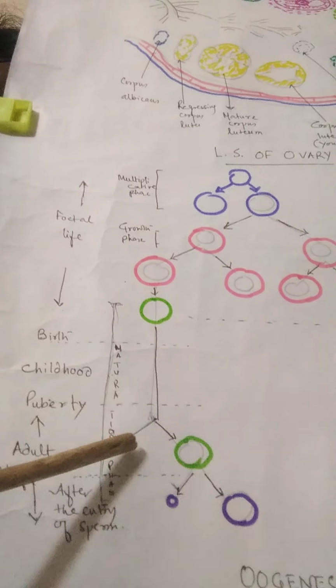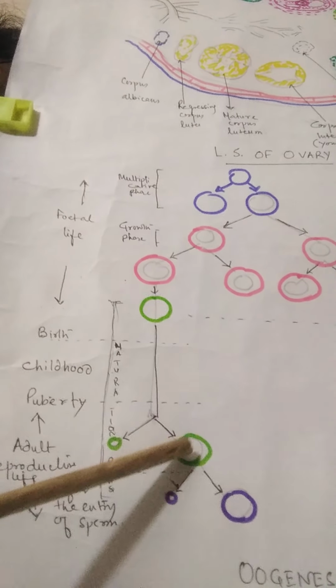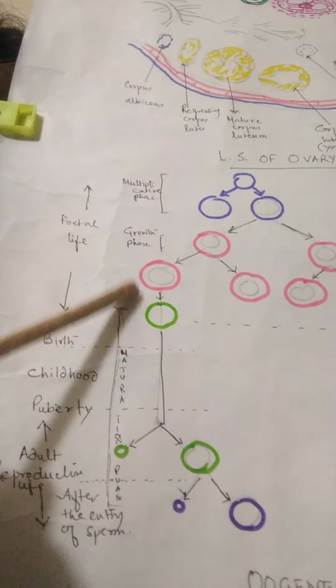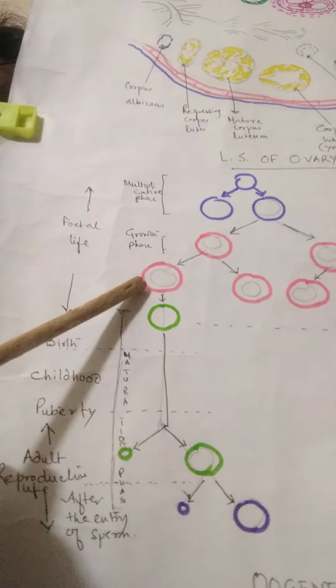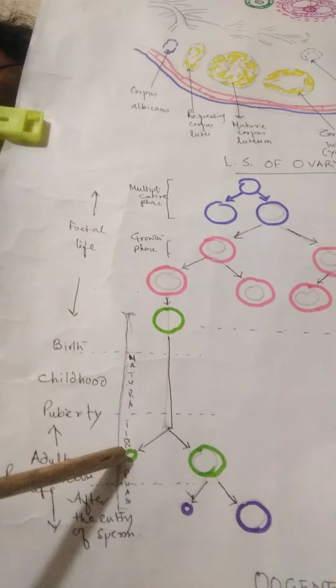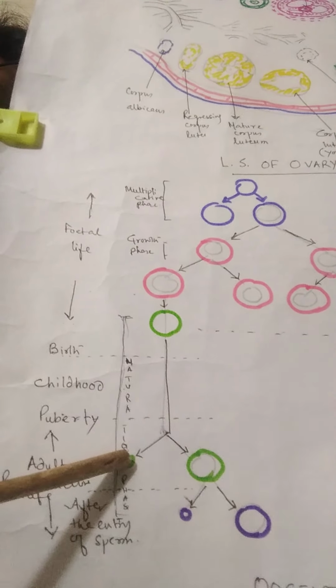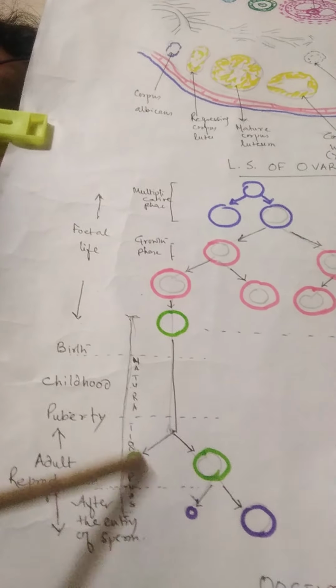The chromosome number is halved: if the primary oocyte has 46, the secondary oocyte has 23 and the polar body has 23, but the cytoplasmic part is mainly in the secondary oocyte. The polar body has the least amount of cytoplasm.